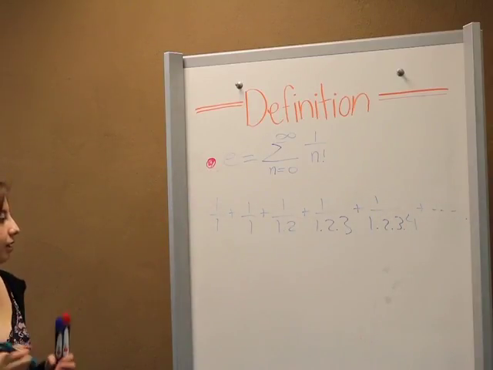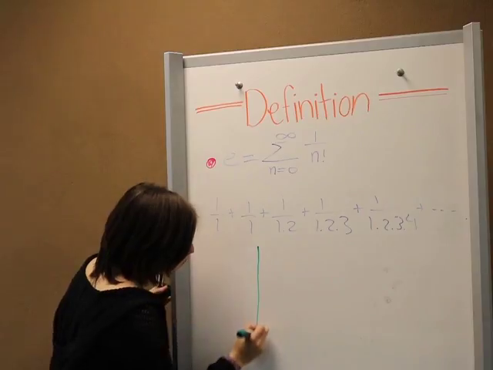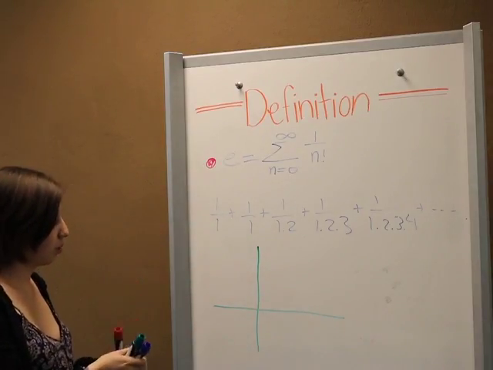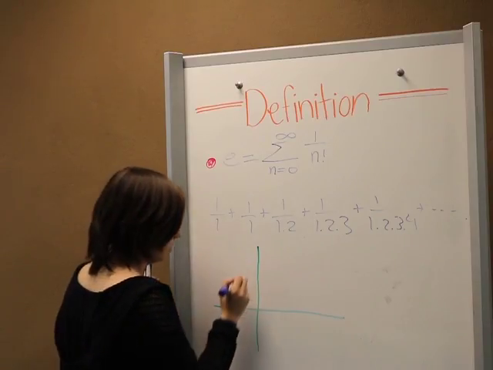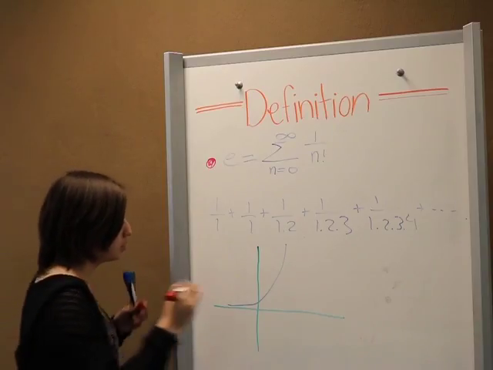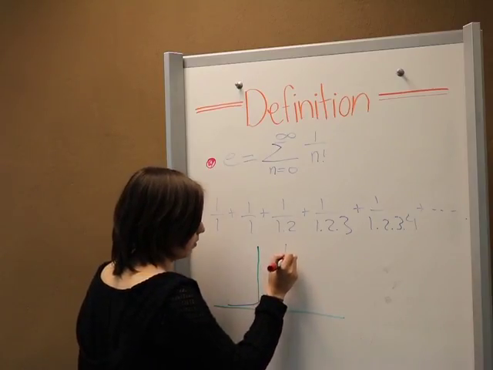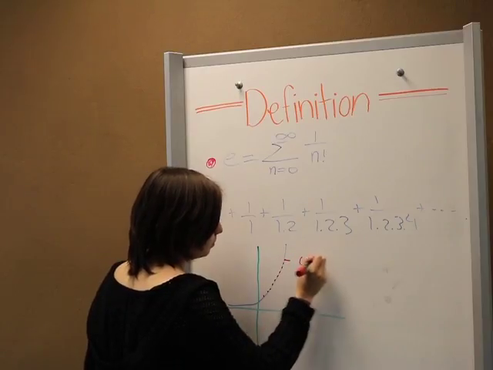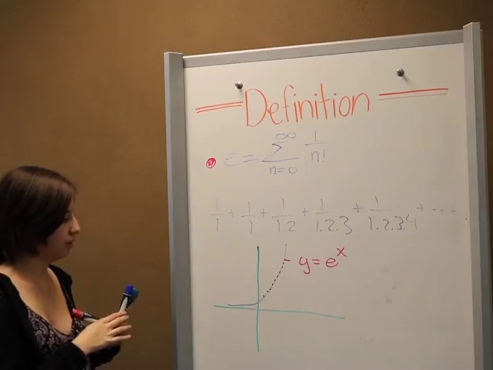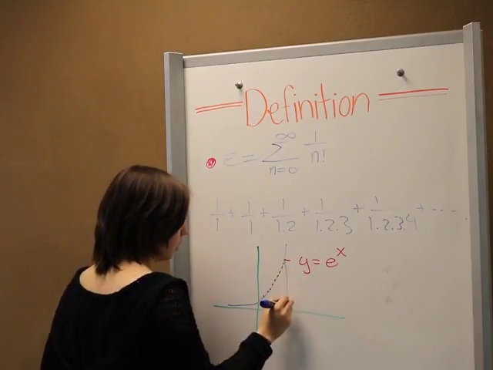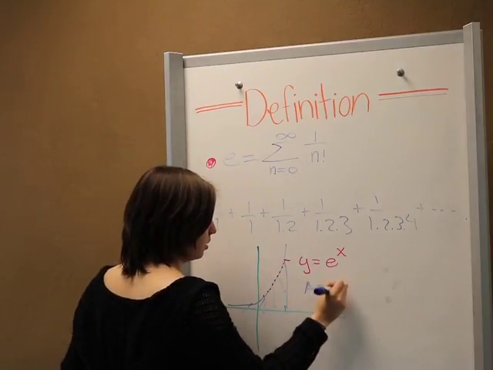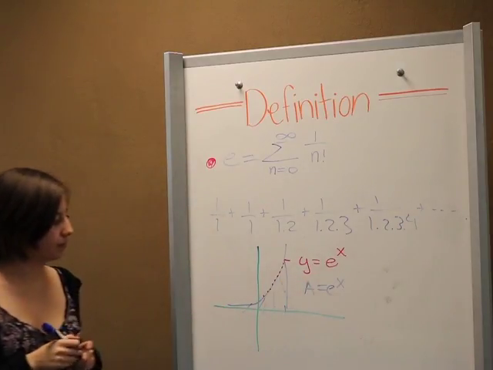Another fact of E is that when we draw the exponential graph, we could notice that each point in this graph equals e to the power of x. Also, the area under the curve is equal to e to the power of x.